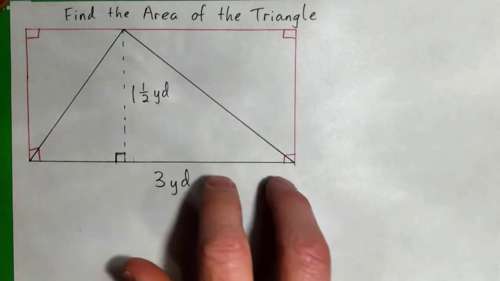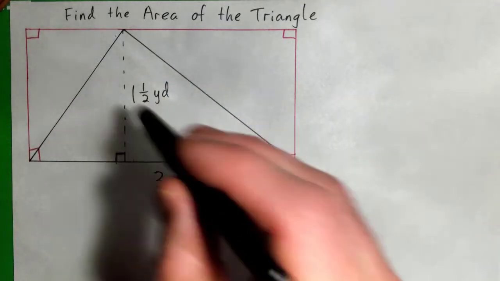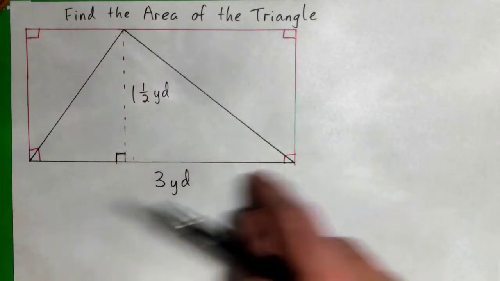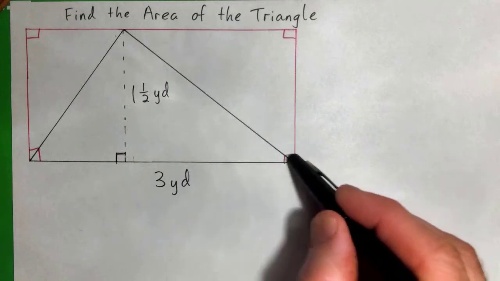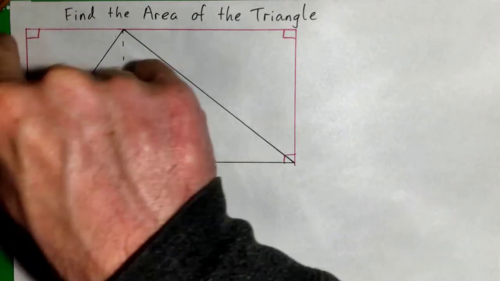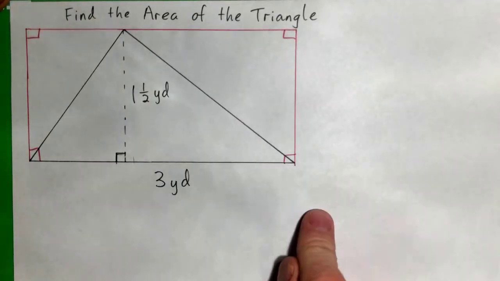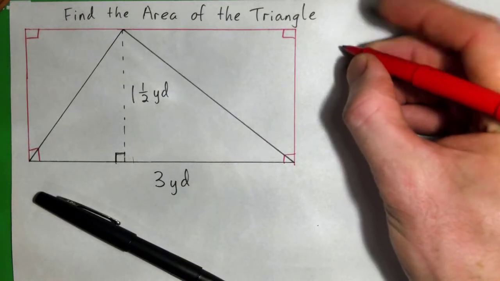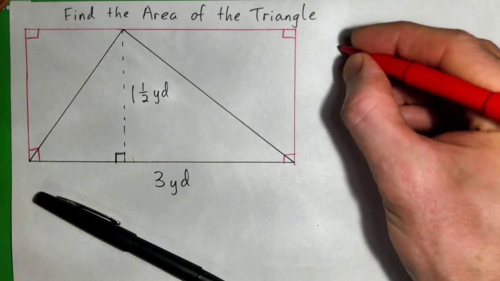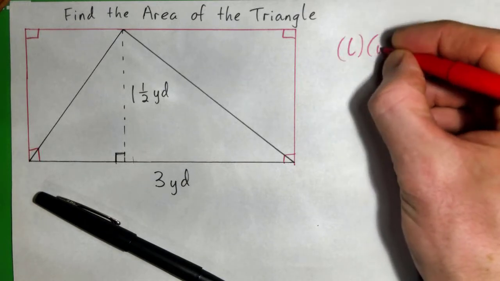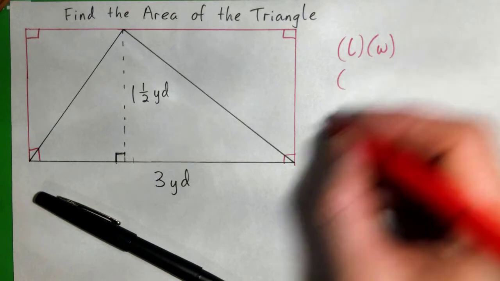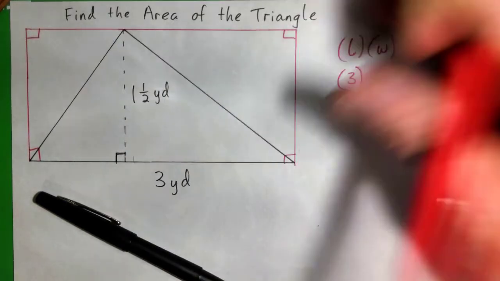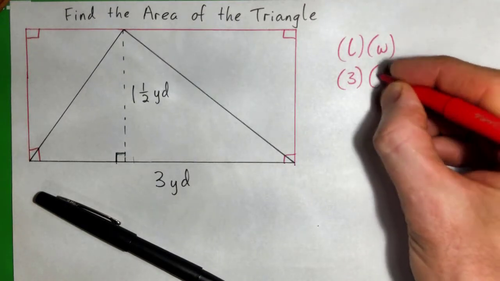So what's the trick here? If you take the area of the rectangle, this triangle is actually half the area of this whole rectangle. If I was thinking about the area of the rectangle, it would be the length times the width, which would be 3, and the width would be this distance here, 1.5. 3 times 1.5 yards.